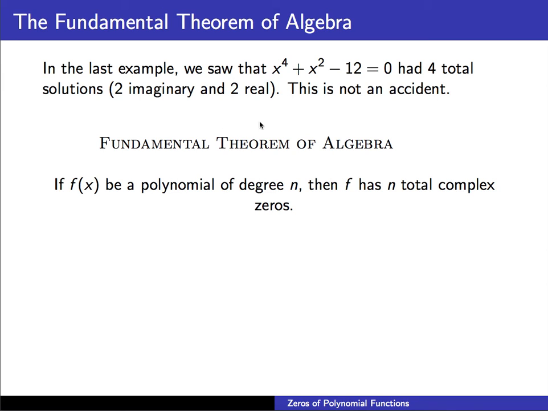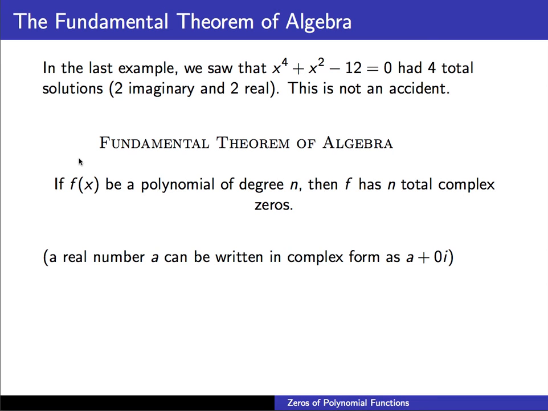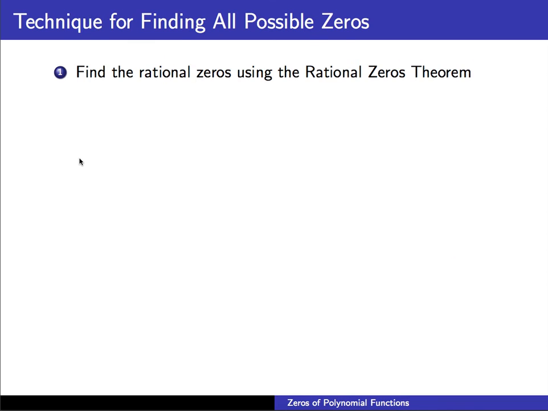So this is a nice technique to use for making sure that you've gotten all possible solutions, whether they be rational, irrational, or imaginary, to finding the zeros of a polynomial. So again, keep in mind a real number such as a, like square root of 3, can be written in complex form as a plus 0i, or square root of 3 plus 0i.